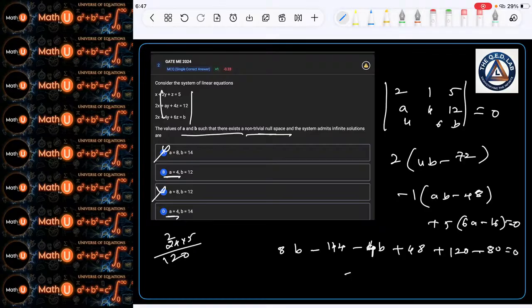Now simplify all the values. Minus 144 plus 48 plus 120 minus 80, we get minus 56, and 8b minus 4b gives 4b. So 4b is equal to 56, b is equal to 56 divided by 4, that is equal to 14. Then D is the correct answer. D is the correct option.